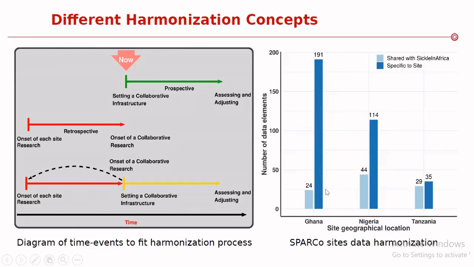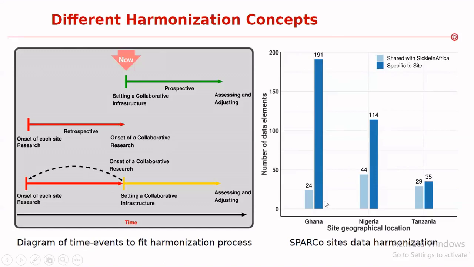But as Irene has said before, we noticed, for example, that in the data elements that we have shared in what we call the SickleInAfrica data elements, if you look at different sites, what is the usage of these data elements? You see that the usage is only a small proportion of the data elements that we have, and there are either very unique elements which are site-specific, or some elements which have the same definition as the ones in the SickleInAfrica, but are named differently and used differently.